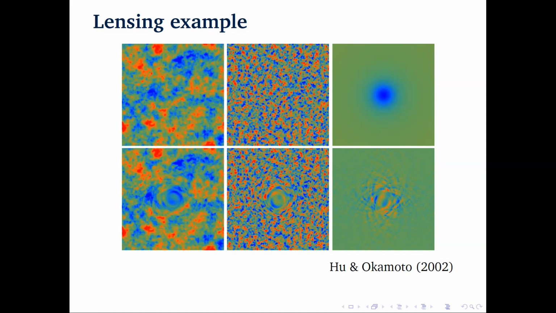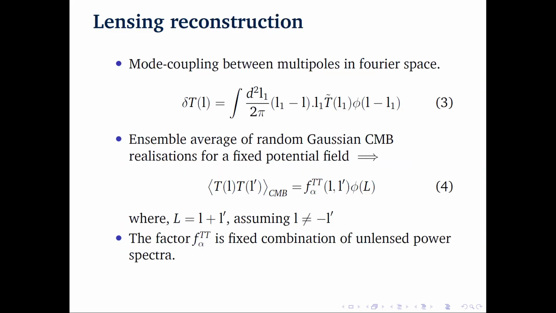If we process these maps with this lensing potential, we get this kind of distortion. What is important here is that this is a B mode polarization map, which is generated by lensing from the primordial E mode. This is also an interesting thing about lensing, that it generates B modes from the primordial E mode. So it's important to subtract these lensing B modes in order to study the primordial B modes, right? That's what I am working on actually.